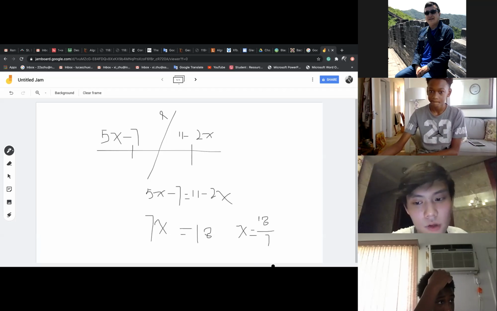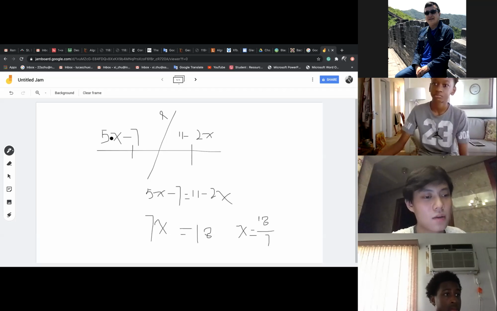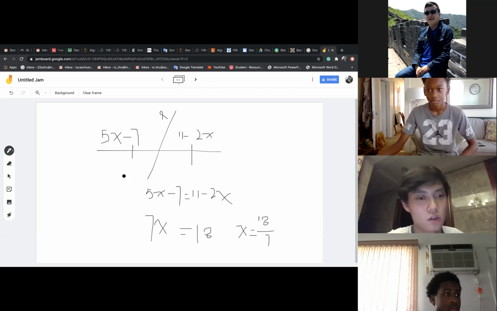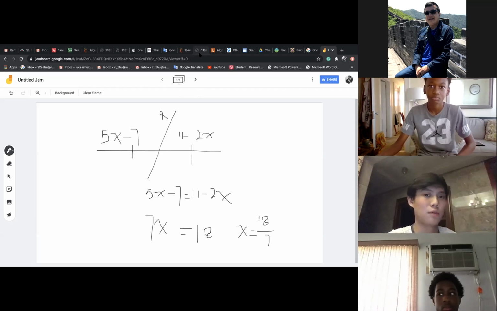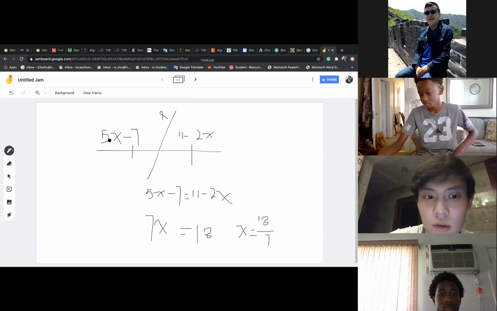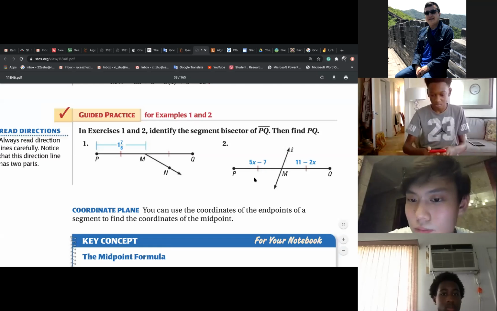When you put it back in, you just times 5 and minus 7, so you get the distance. You can do that on your own. I'm just going to multiply it and minus it.